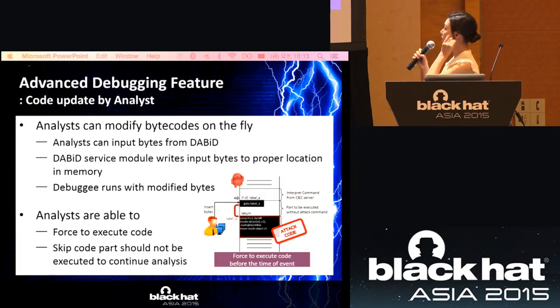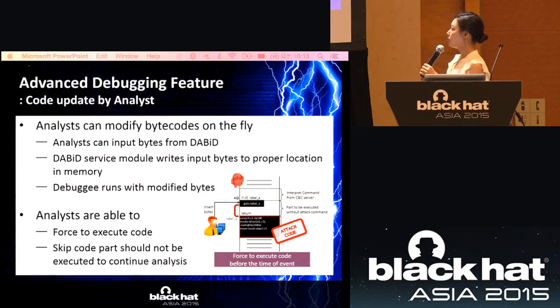Okay, this is for our second goal, advanced debugging features. This one is code update by analysts. Analysts can modify bytecode on the fly. Analysts can select an instruction in our debugger and put in input bytes. Then the DABiD service module, which is in the application process, writes the input bytes to the proper location in memory, and debugging runs with the modified bytes.